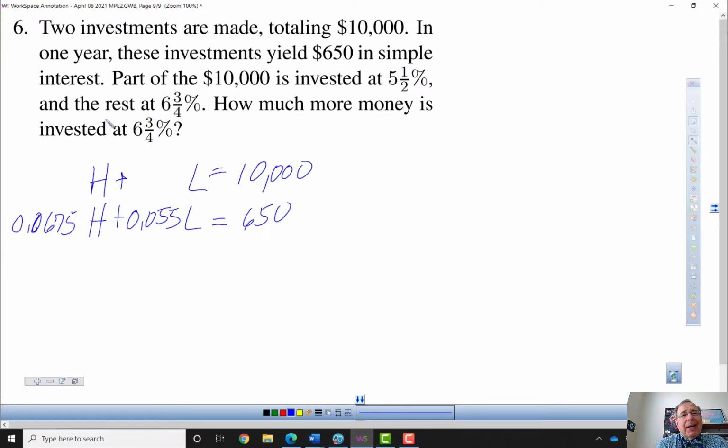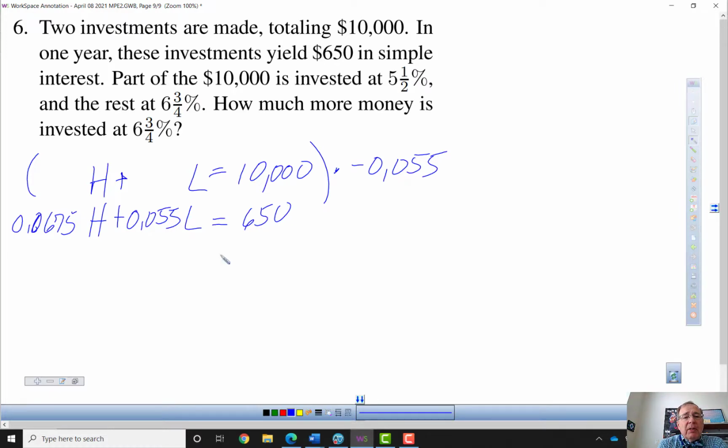Because they asked me how much more was invested at the high rate, I'm going to eliminate the low variable. So what I'm going to do is multiply both sides of this equation by negative 0.055.